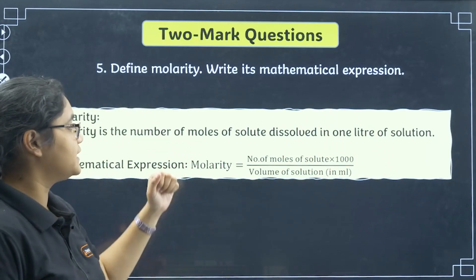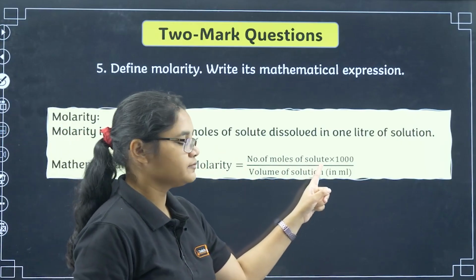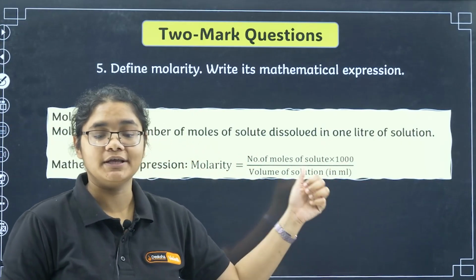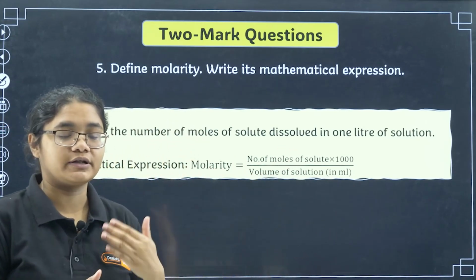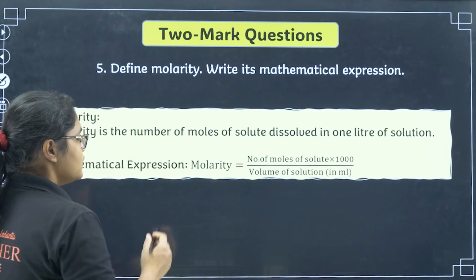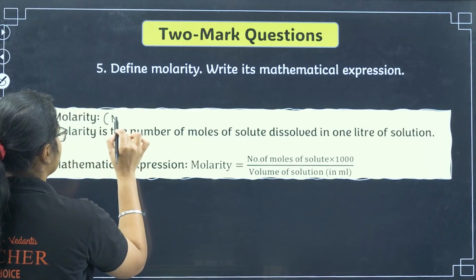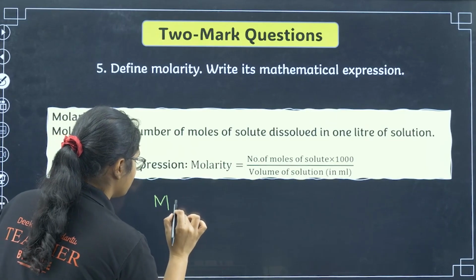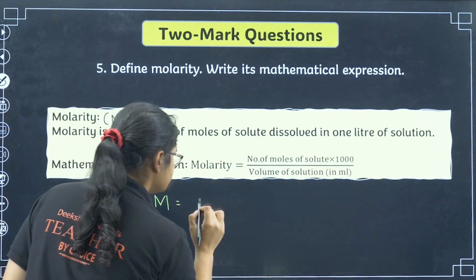Now how do we represent its mathematical expression? Molarity is equal to number of moles of the solute × 1000 divided by the volume of the solution in ml. Here I want to modify this formula so that you can understand it better. Molarity is denoted with capital M. So molarity will be equal to number of moles of the solute. Now what is number of moles?